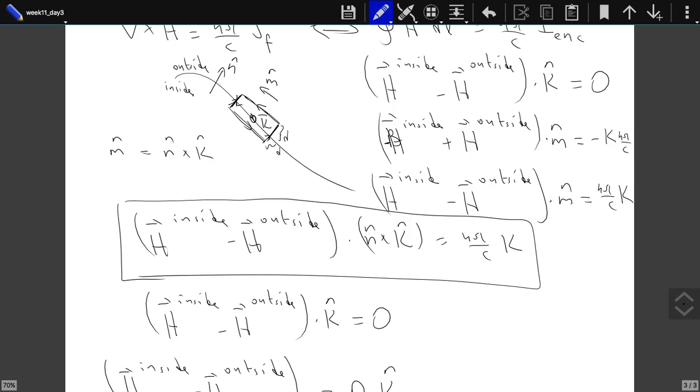They are perpendicular to each other. It's just like our coordinate system at that point on the surface.